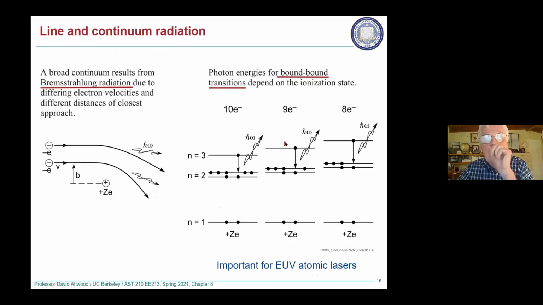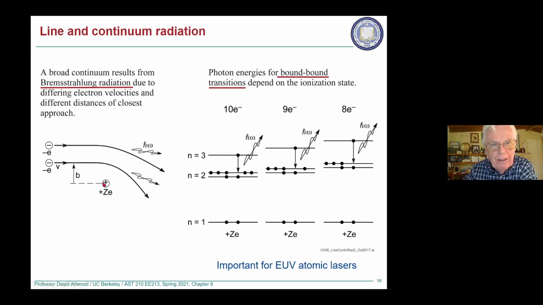Okay, so here's a little bit about the continuum and the line emission. Line emission meaning radiation resulting from allowed atomic transitions in some ion. So let's start with the continuum. Suppose the plasma has a bunch of electrons racing around in all directions, and there's a bunch of ions there, and they're ionized to some state.